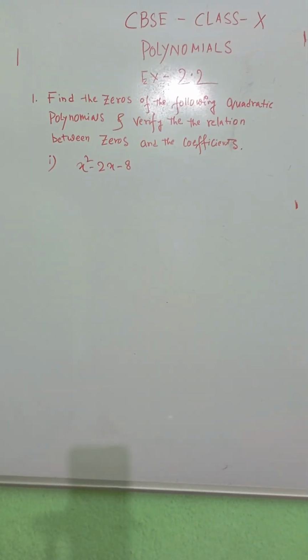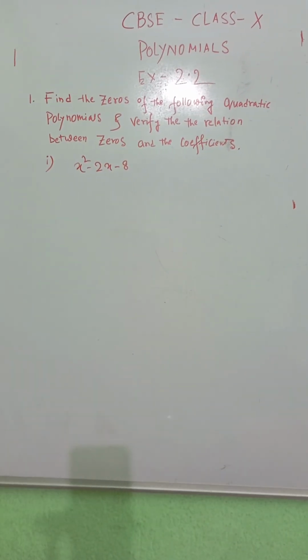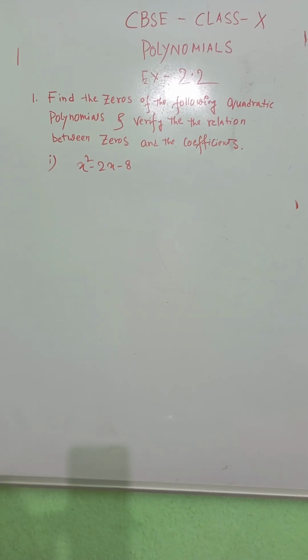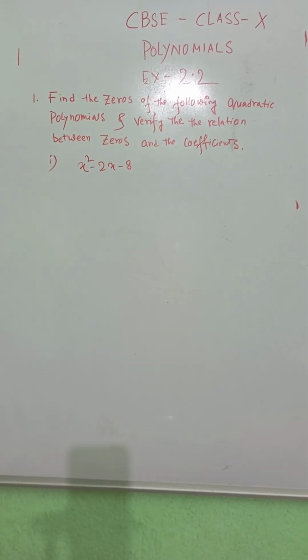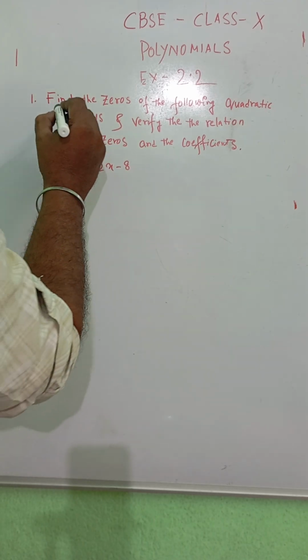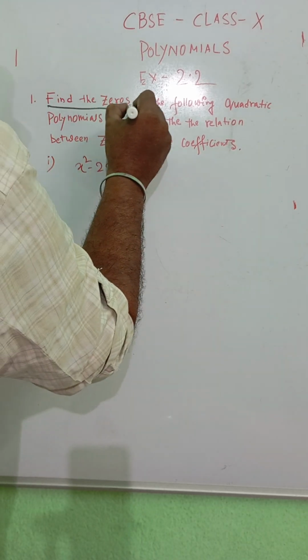Today we are discussing the CBSE Class 10 chapter 2.2 polynomials. Now what is the question they have said? First part is find the zeros.